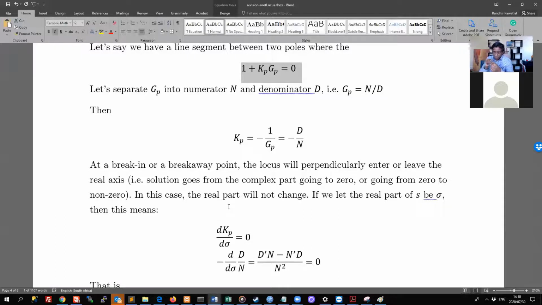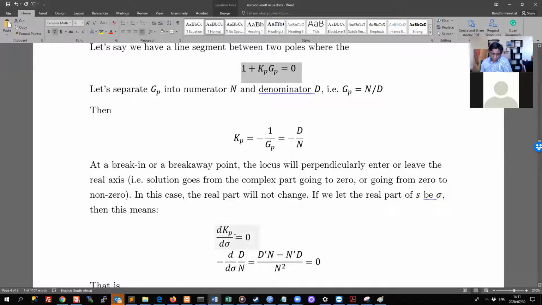So if we differentiate with respect to the real part, we'll get 0 at that breakout point, right? At that breakout point, we're moving straight up, so it's not changing anymore in the real direction. If we let sigma be the real part of that s value, then the derivative of Kp with respect to sigma will be 0 at that point of departure.